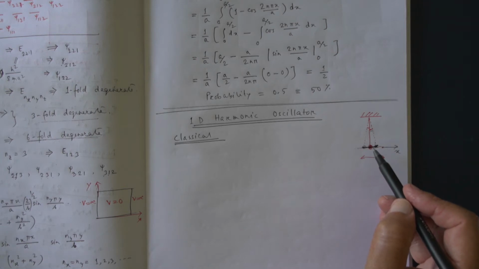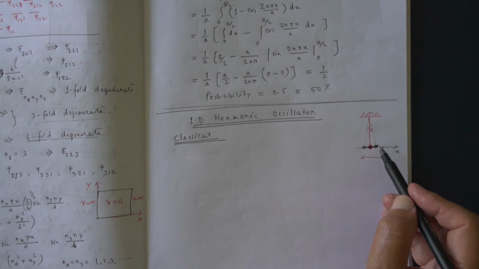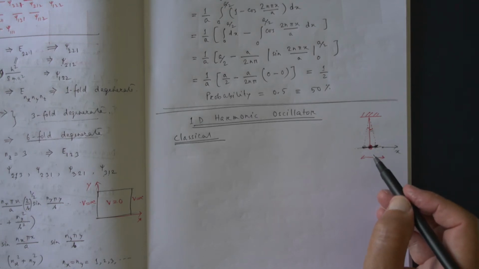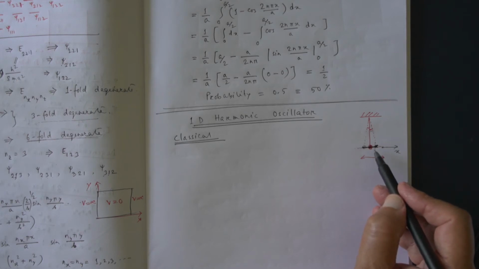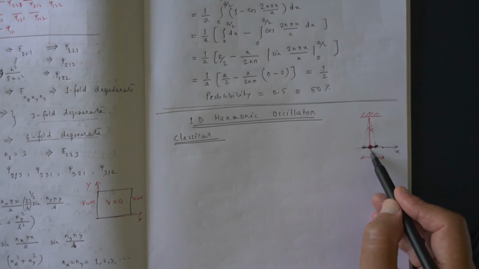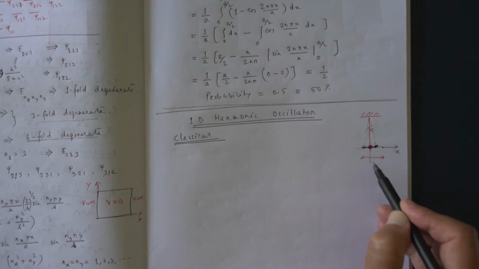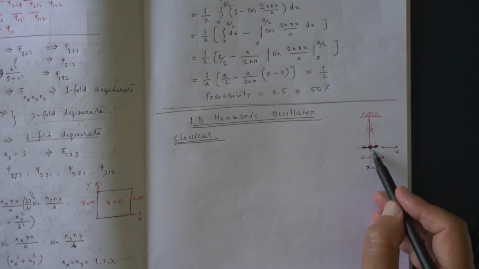The important thing here is that potential energy is not 0, neither is it constant. Now, in the case of this pendulum, this is the equilibrium position, where x is 0. Here, say x is positive.